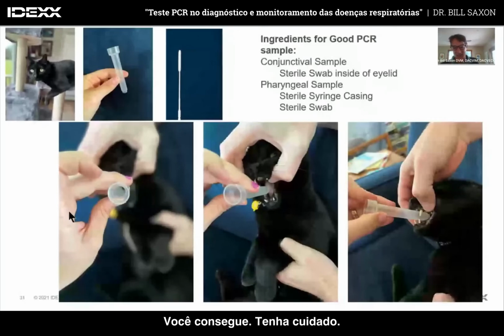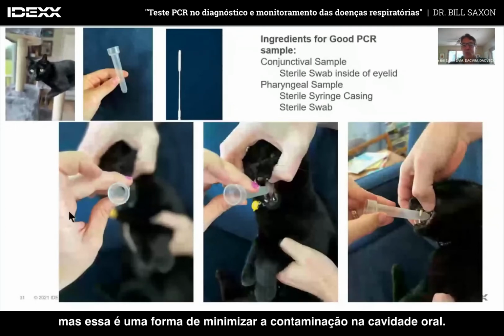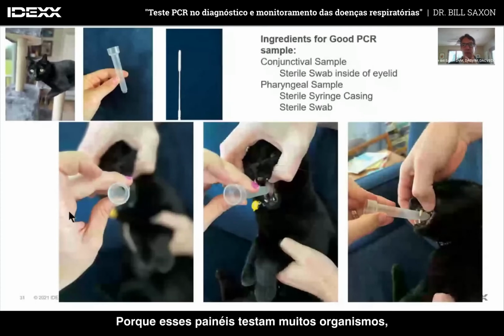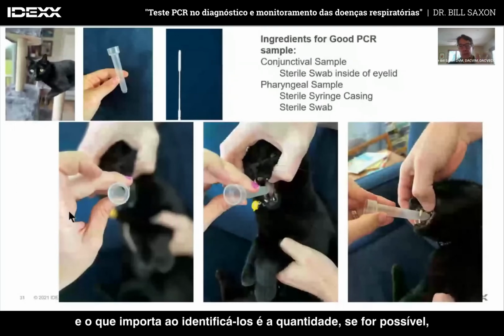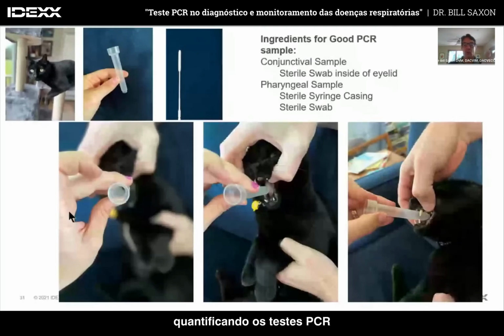If you can do it, be careful, let's not put ourselves or our staff at risk. But that's one way to minimize contamination from the oral cavity, because these panels test for a lot of organisms. Some are normal flora, and what matters when you identify them is the amount, if that's possible, by quantitating the PCR test, or the clinical signs associated with your patient.